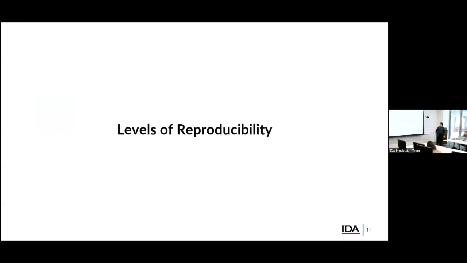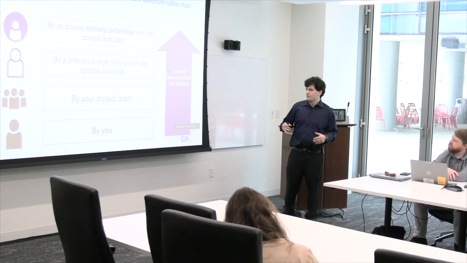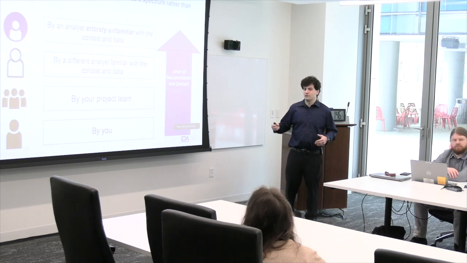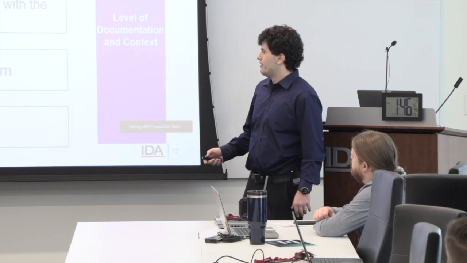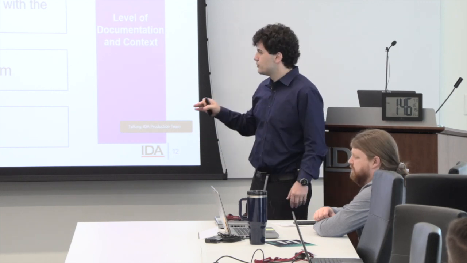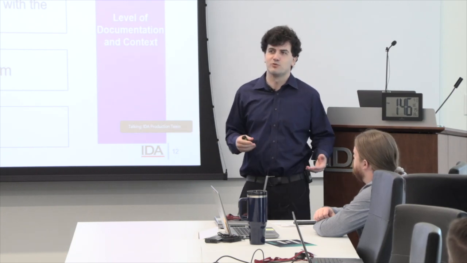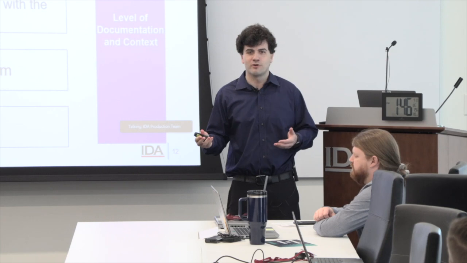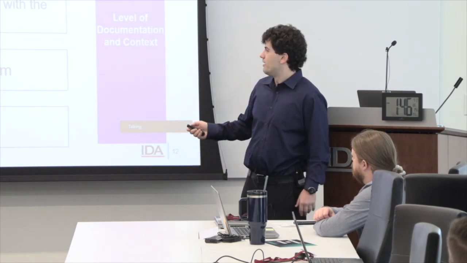Okay, levels of reproducibility. The lowest level means that you yourself can come back later and reproduce it. A slightly higher level is someone on your project team. They're not going to be as familiar with your research as you are, obviously, but they're still going to be somewhat familiar.